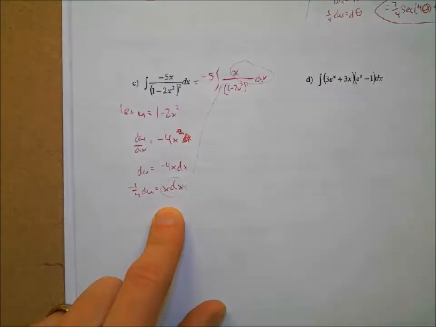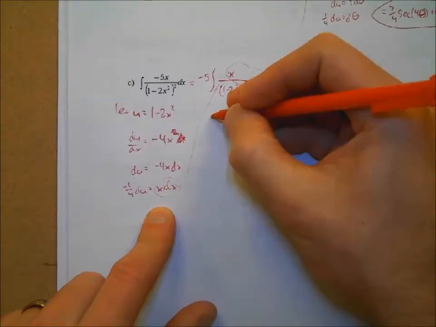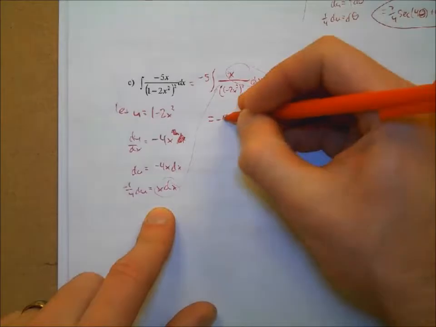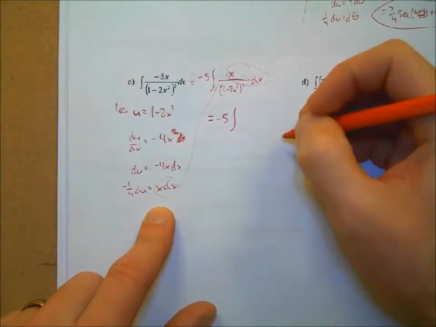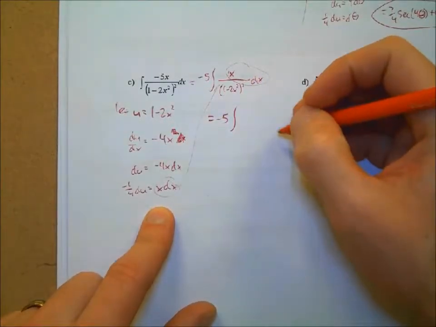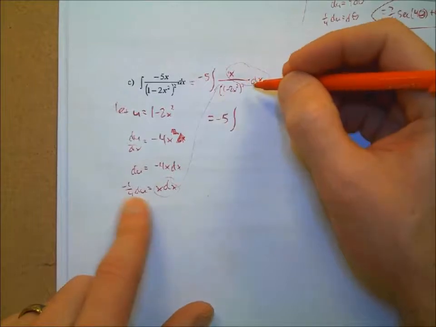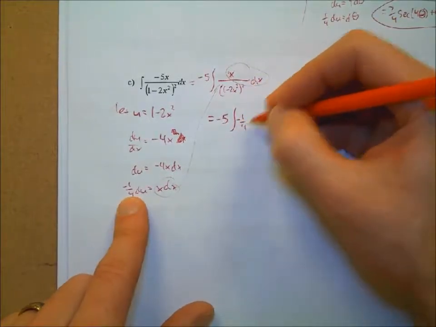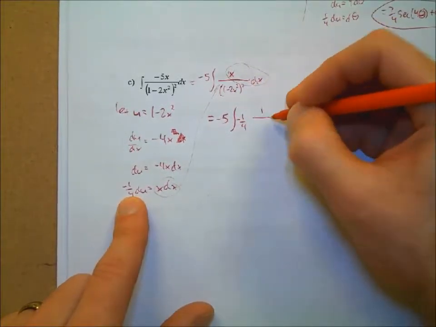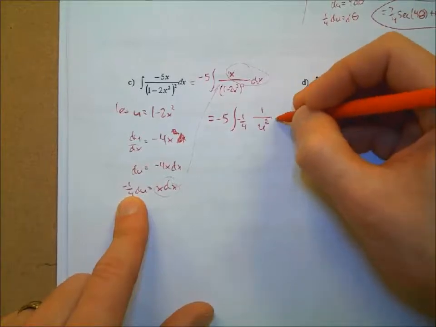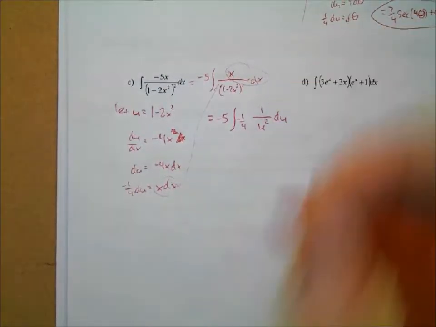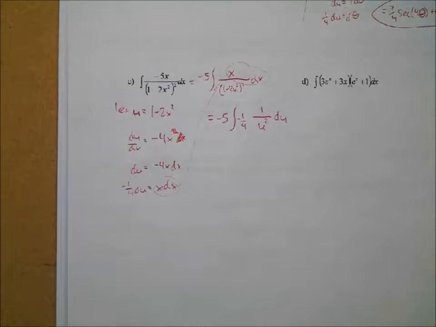Okay? So we'll rewrite this. The negative 5 will still be out front. Integral. Okay. X dx gets replaced by negative 1/4 du. So I'm going to put the negative 1/4 out front here. I'll make it 1 over u squared du, or du over u squared if you want to write it that way. Okay.